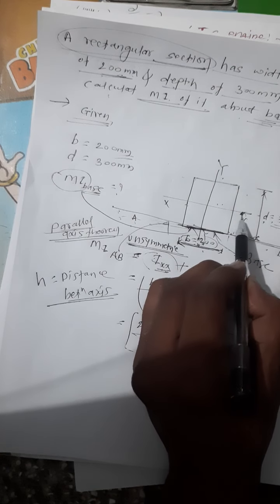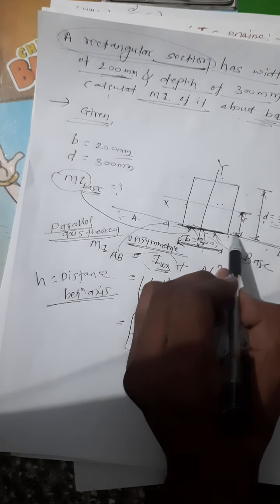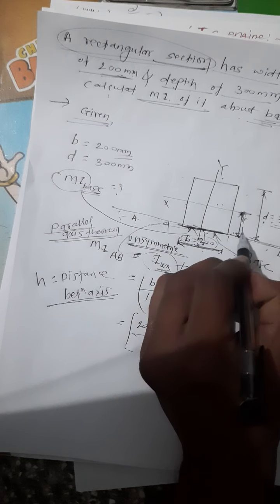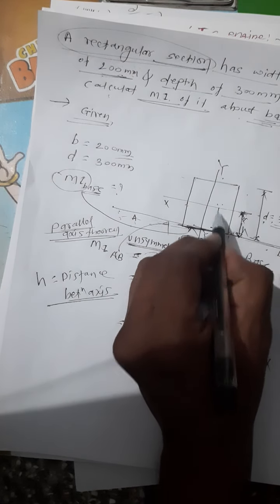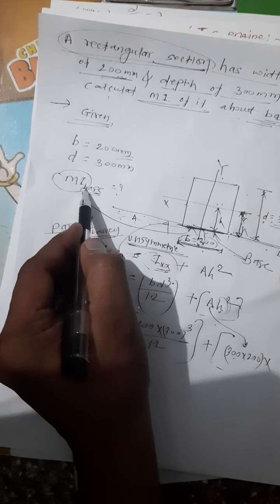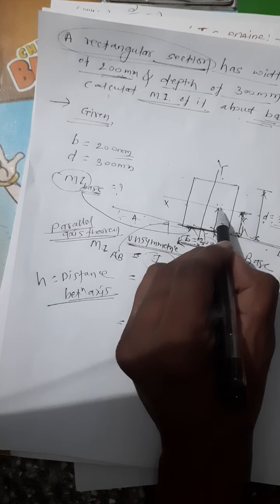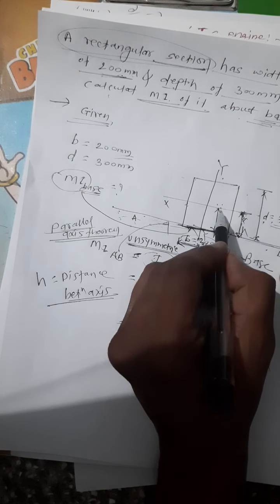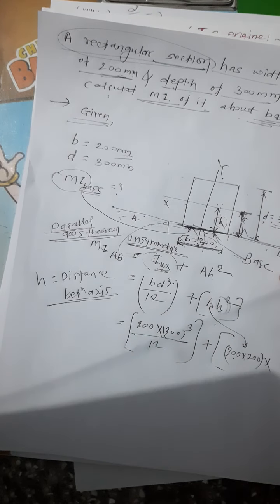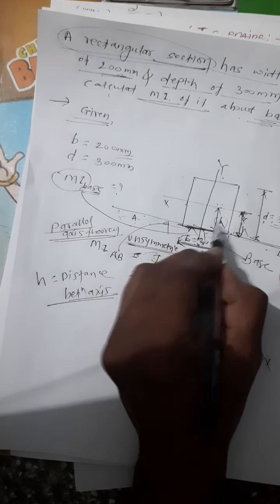Because we want to calculate our moment of inertia about this base, the distance from this base to the individual axis is called h. So h is 300 by 2.